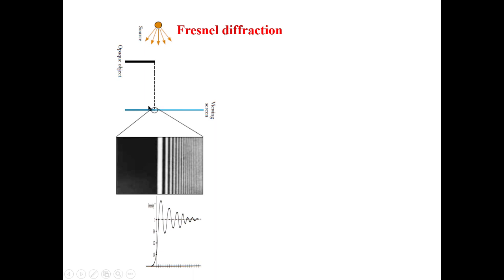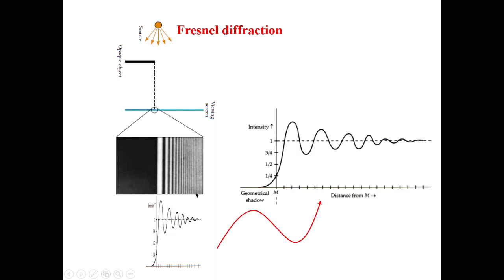But if we magnify this region, then we see this pattern of the light intensity. Here, in the region of geometrical shadow, we can see a little intensity of light, and in the region of illumination we can see the fluctuation of light intensity, and these are the minima, which are non-zero minima.